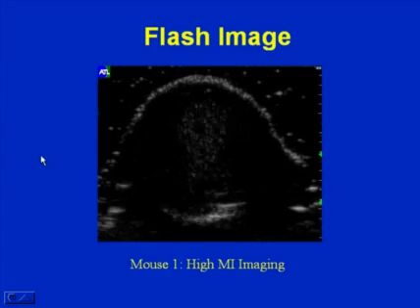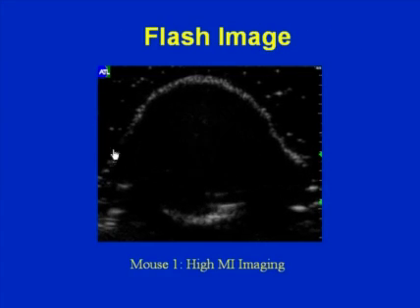Now this is a video showing a 1 centimeter implanted tumor, and by flashing we could see the microbubbles, as you can see here in white, in the capillaries inside of the tumor.